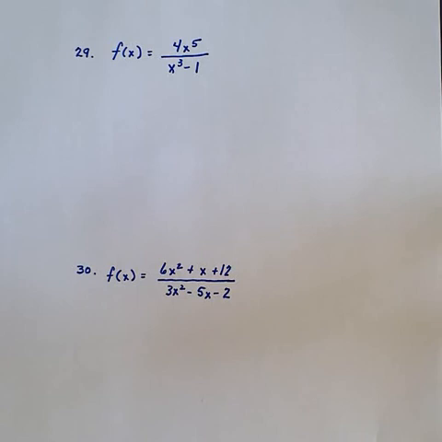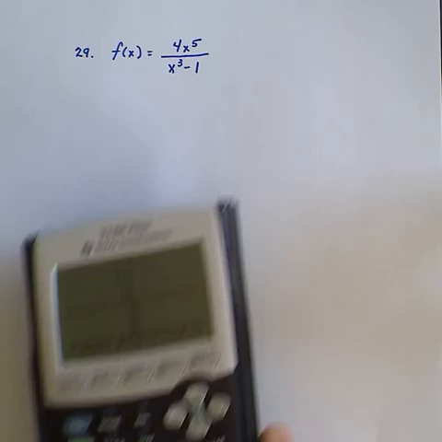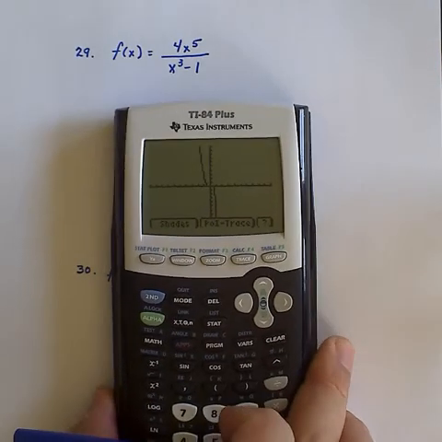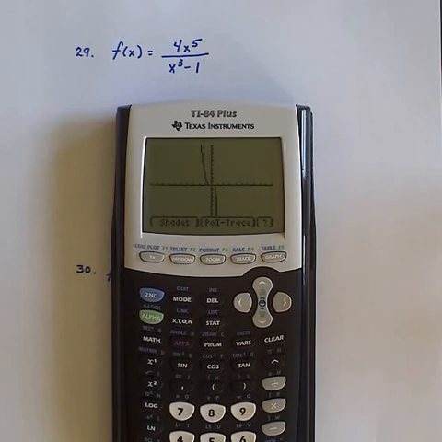So I've got 4x to the 5th divided by x to the 3rd minus 1. And I'm going to graph that. Okay. So it looks like that when you get done graphing.